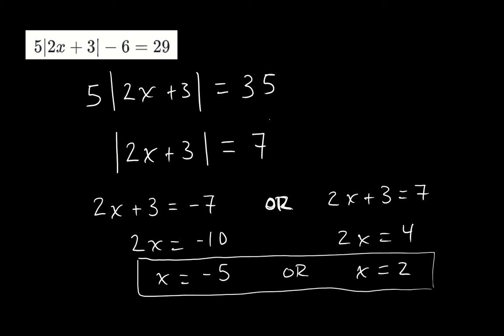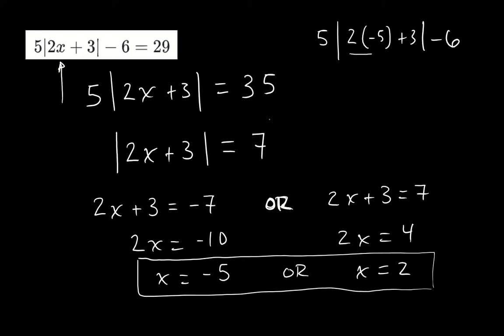And it's always worthwhile to come back in and plug that in. So I'm just going to put in this value of x here. So if I look at 5 times the absolute value of 2 times negative 5 plus 3, and then I'm going to subtract 6 from that. And the question is, what does that become?